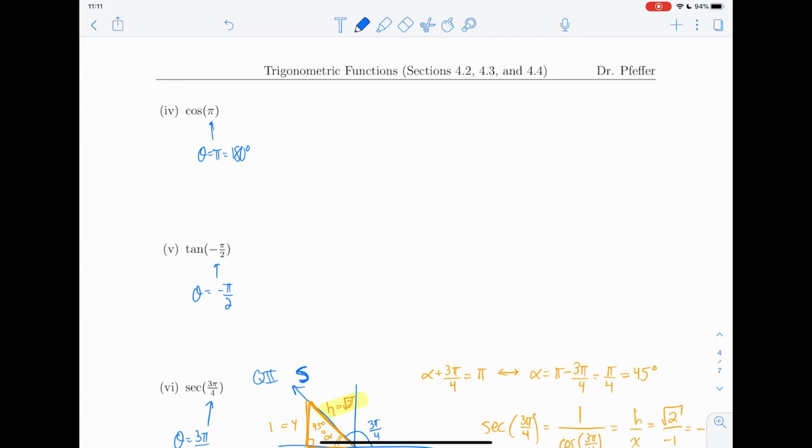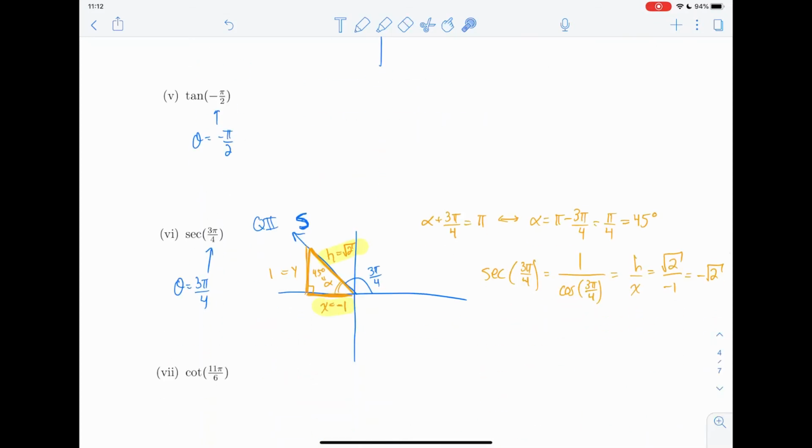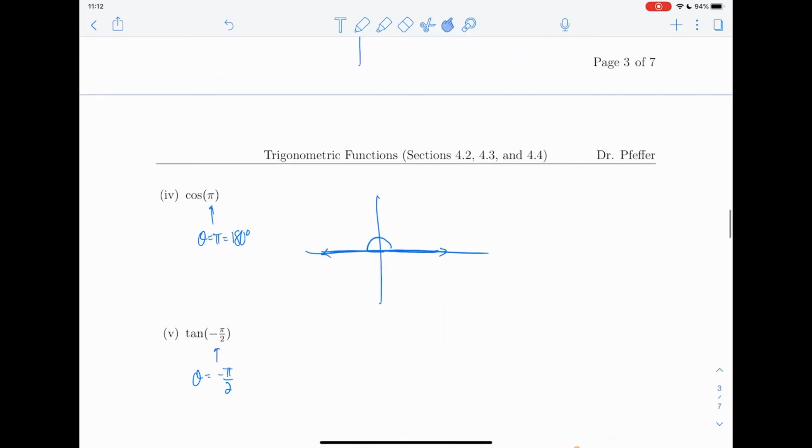So for example, with pi here, what we end up building is we have our angle that starts over here on the positive x-axis. It goes all the way to the left, and it builds out an angle over here. So what would the reference triangle be? Well, if the angle, as we saw in this example here, ended somewhere in quadrant 2, this would be the reference triangle.